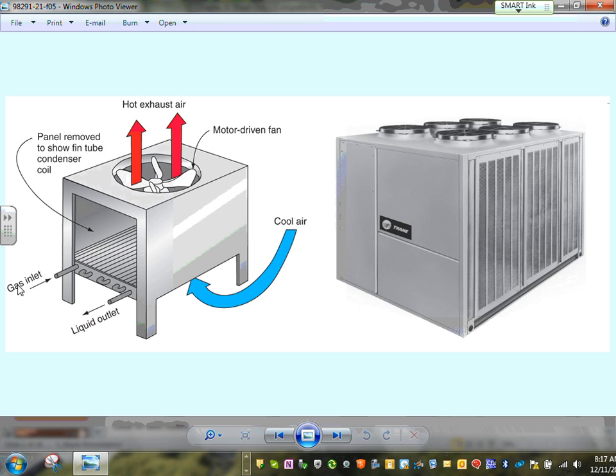You have the hot gas coming into the condenser. This is your condenser unit. You blow the air outside, take the hot air out, change the high pressure gas into liquid, and send it back into the refrigeration equipment. That's your rooftop unit. In this case, we have the condenser right in here.